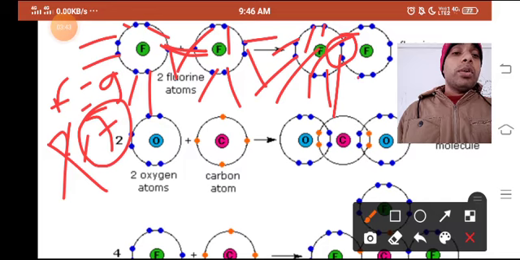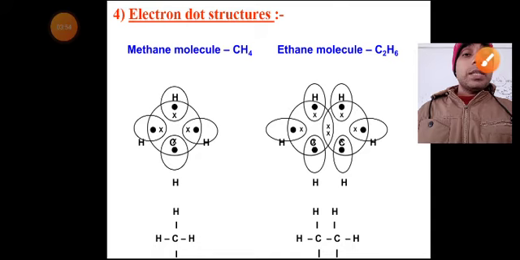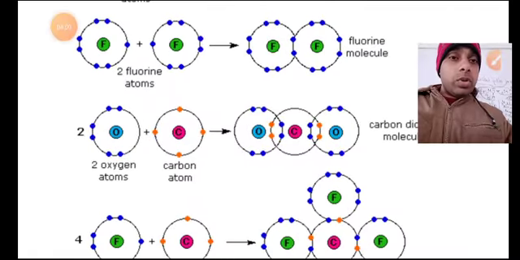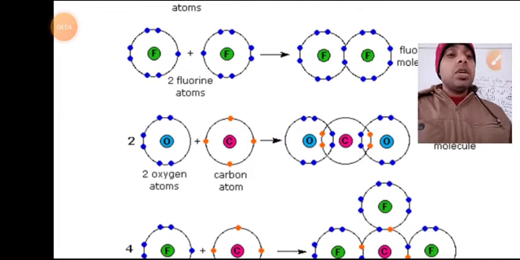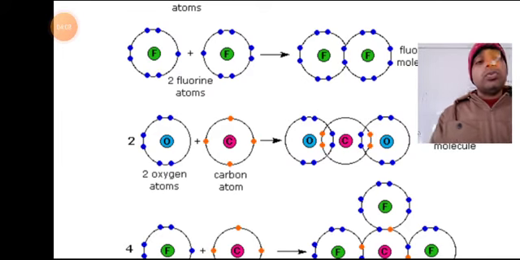Again for this fluorine: 1 2 3 4 5 6, and this 7, this 8 can be counted for both. This is the structure you can see for the F2 fluorine molecule. Here you have seen that fluorine has managed to complete its octet in the outermost shell, that is the L shell, 2,8.